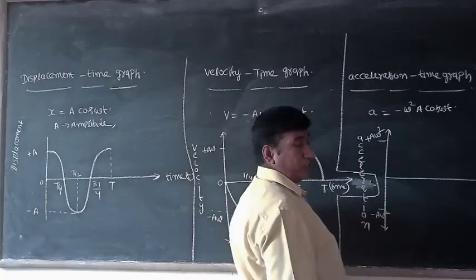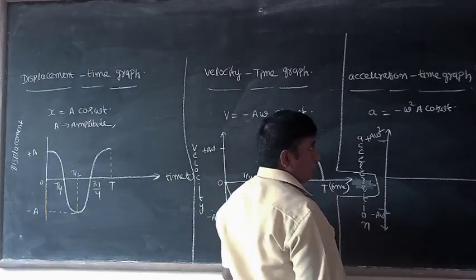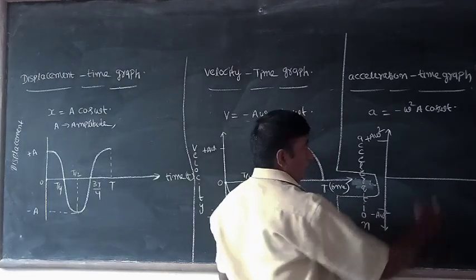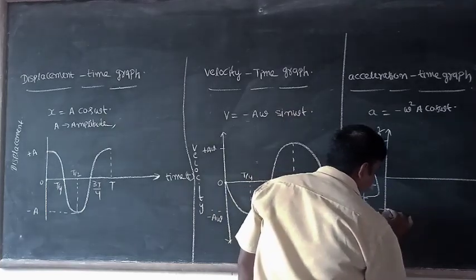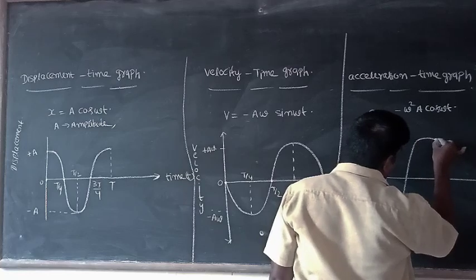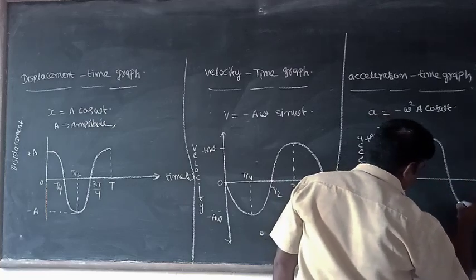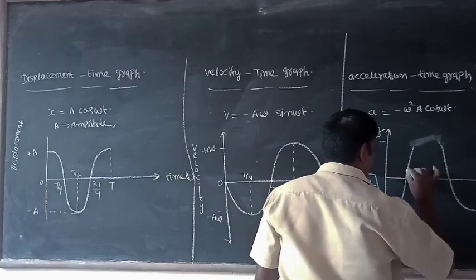If we take time t equal to 0, cos 0 is 1, so we get minus omega square a. That means it will start from this point, then move, reach the maximum, and then come back here.